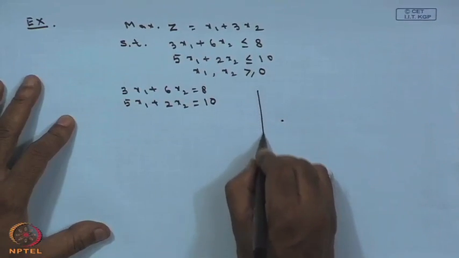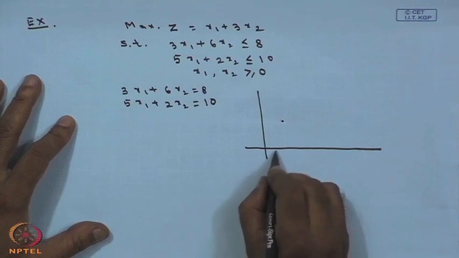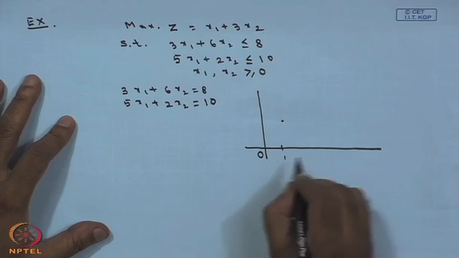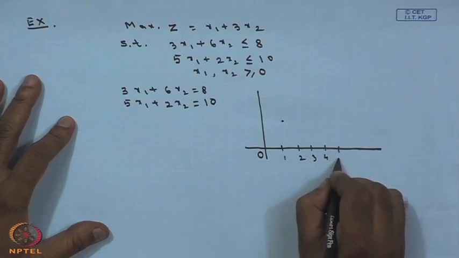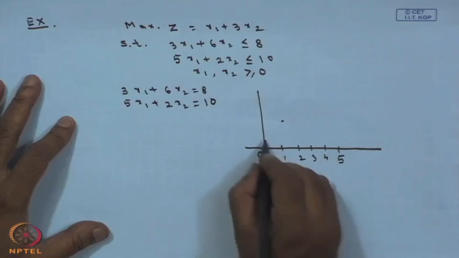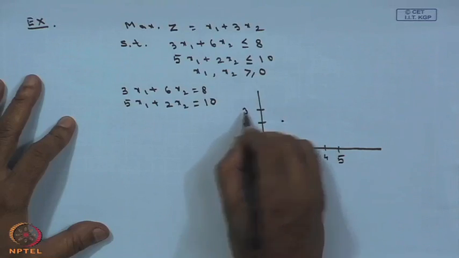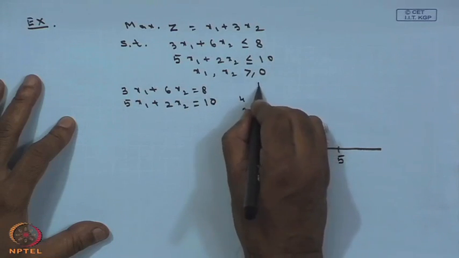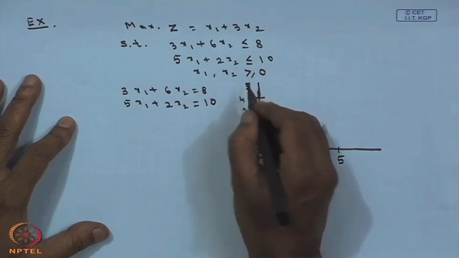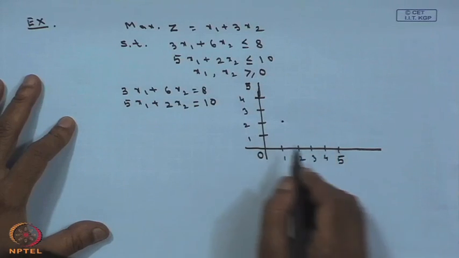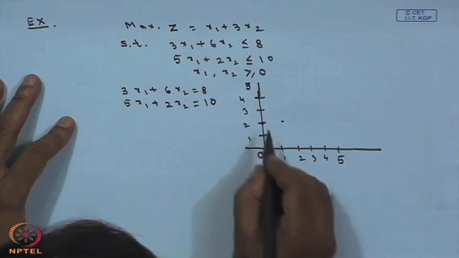So you can draw the lines, I am not talking about that part. Let us draw the graph. So this is your origin, say 1, 2, 3, 4 and 5. On this side also 1, 2, 3, 4 and this is your 5. So, one point I think will go through 2 and 3.